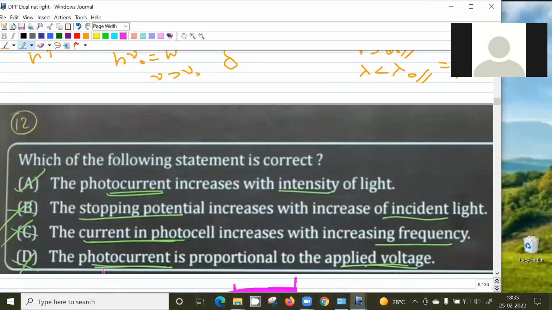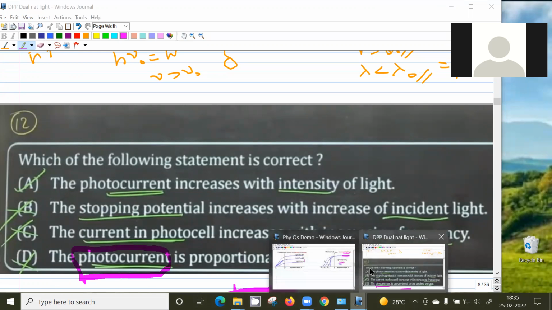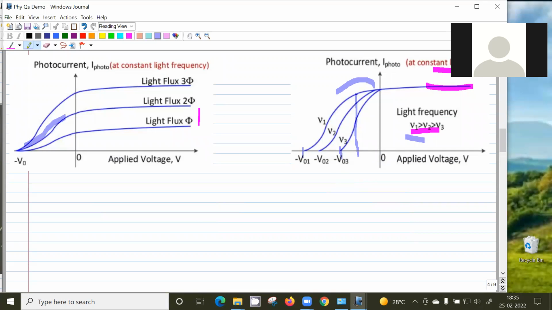The region before saturation is just a transient state, which you don't give much importance.